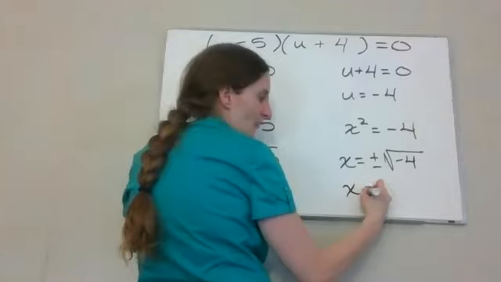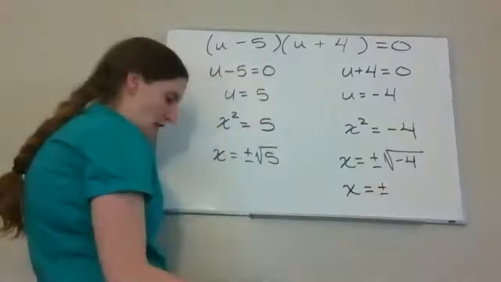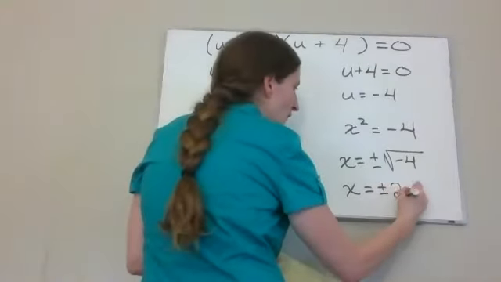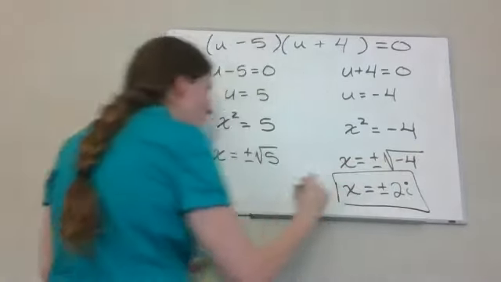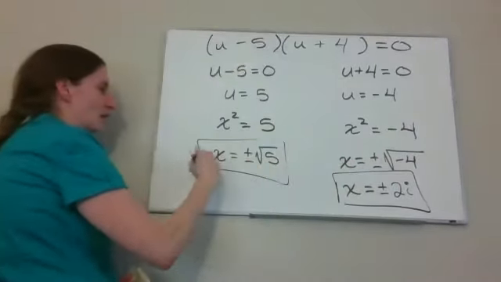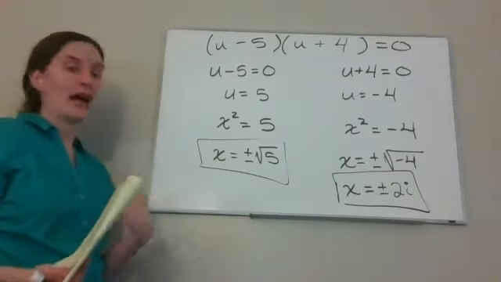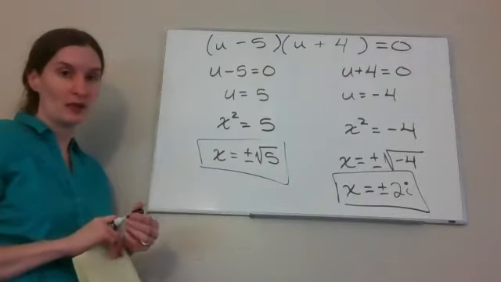That one I can simplify further. I would have a plus or minus the square root of 4 is 2, and the square root of the negative gets me an i. So x is plus or minus 2i. This guy doesn't simplify further. X is plus or minus square root 5. So I have 4 different zeros for this particular polynomial.